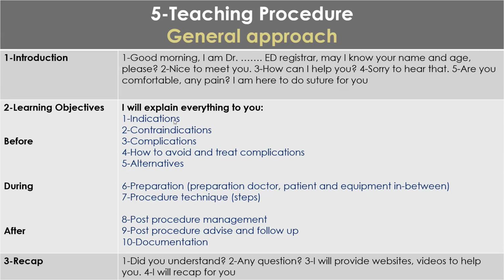So we finished now the indications. Easy? Yes, sir. Contraindications, you will ask him about ample history. Any allergy, any past medical disease, any previous surgery, when was the last eat and drink, what about your immunization?